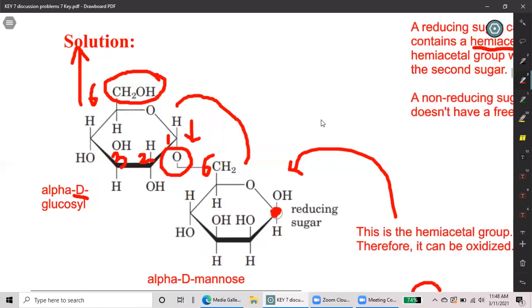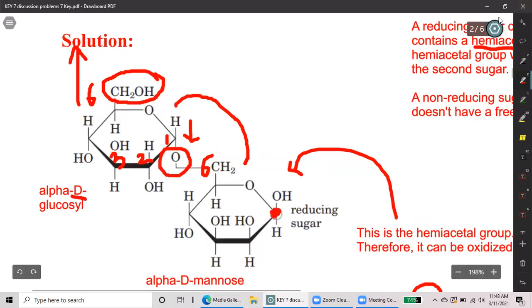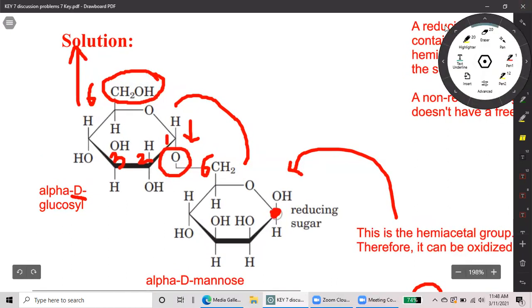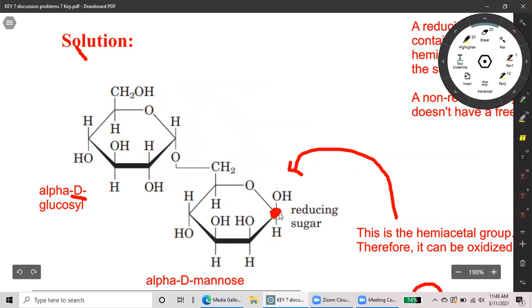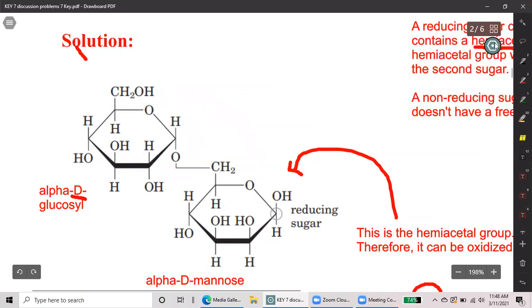So let's see here. Let me erase this so that I can redo it, and then it'll be easier for you to understand what's happening. Okay, so they want you to draw these sugars. So in your book, they show you what glucose looks like and mannose looks like.